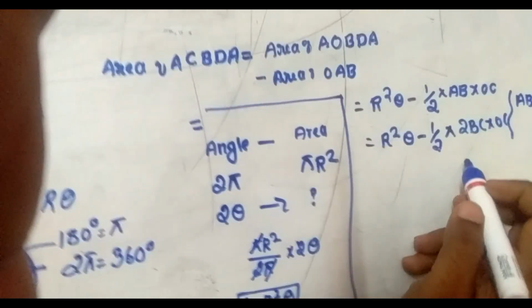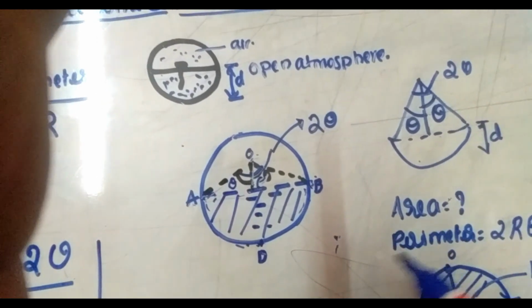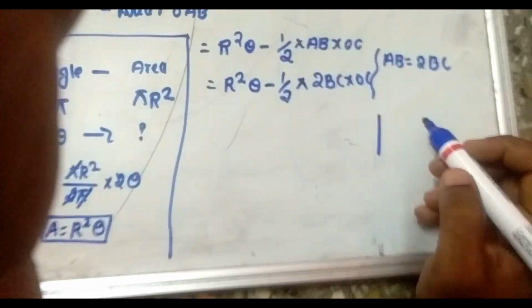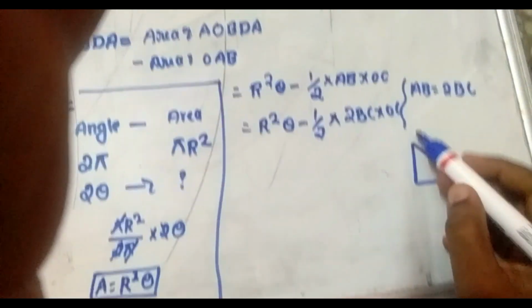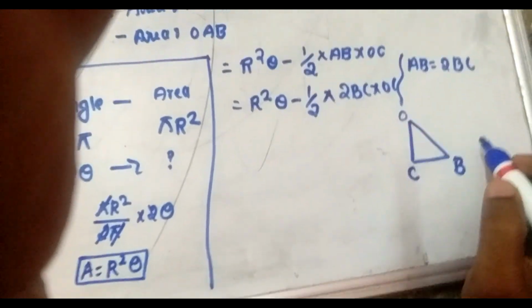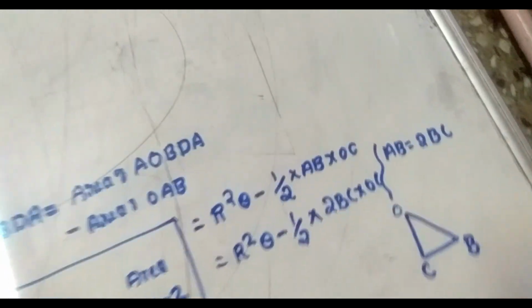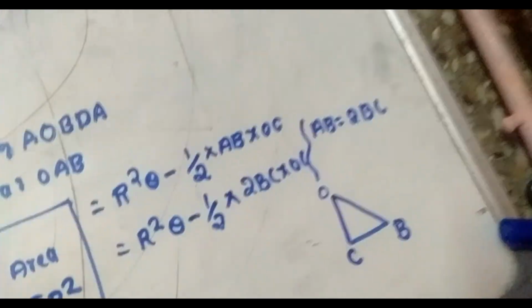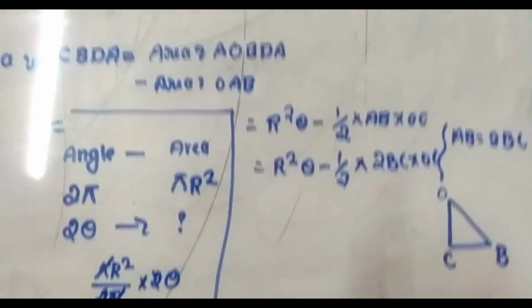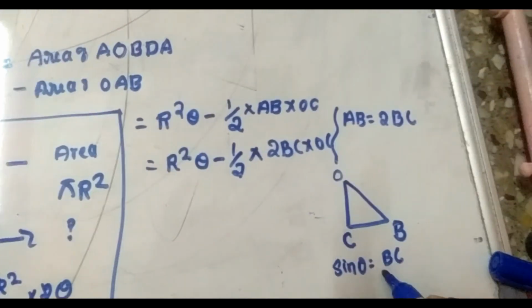So if I consider this triangle OCB, how can we calculate? sin θ is equal to BC by OB.